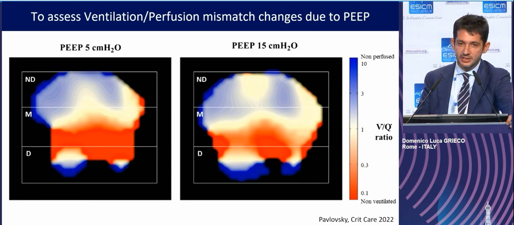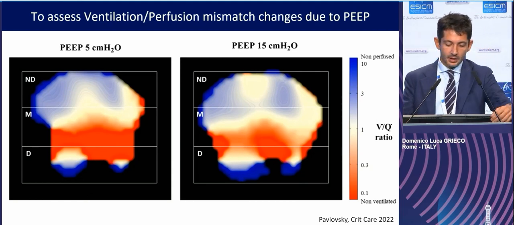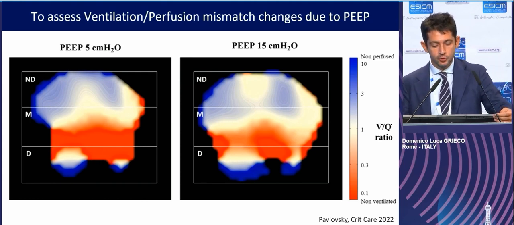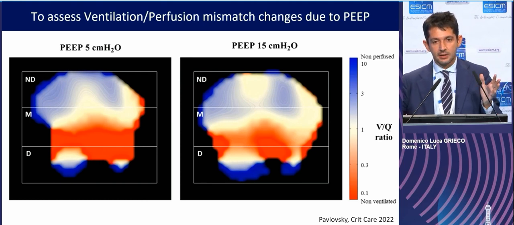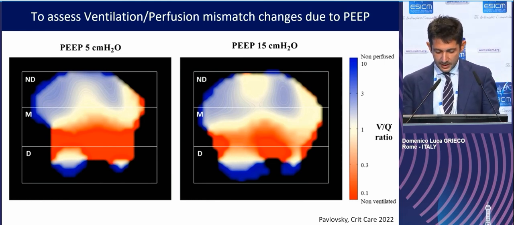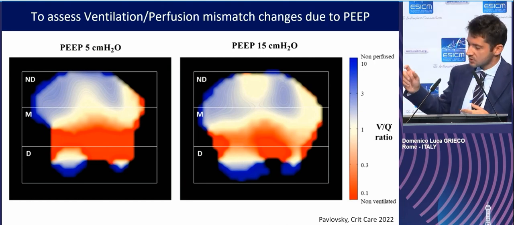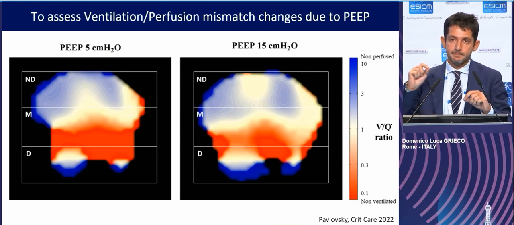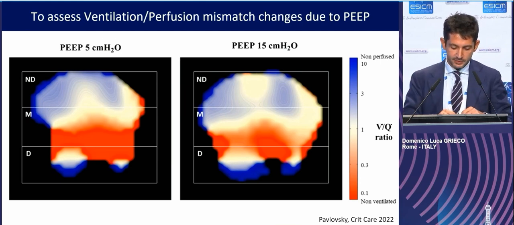And more importantly, this technique can allow you, by assessing ventilation and perfusion at 2 levels of PEEP, to assess the response to the different interventions applied in terms of changing matching of ventilation and perfusion.